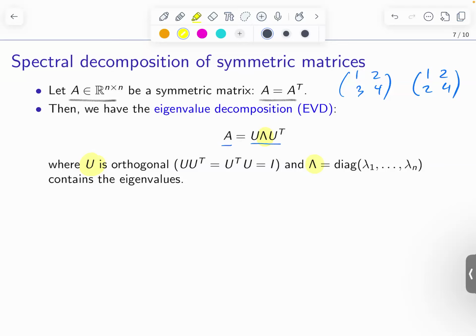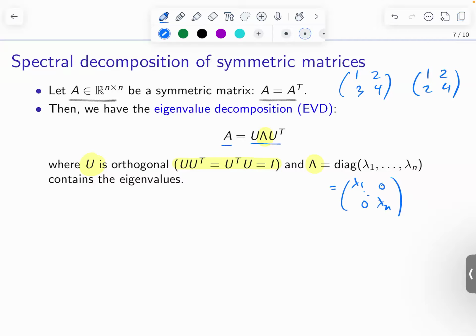So what is an orthogonal matrix? An orthogonal matrix is a matrix that satisfies this identity: U transpose U is equal to identity. What is a diagonal matrix? Hopefully you know. So lambda is diagonal, and I write it like this: diag of lambda 1 up to lambda n, it means I have lambda 1 up to lambda n on the diagonal.